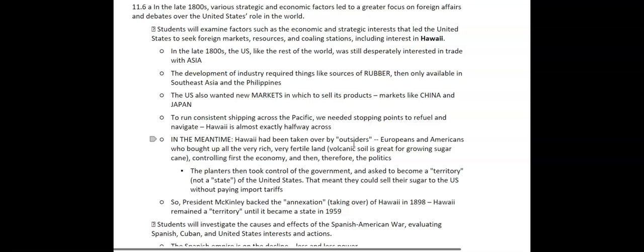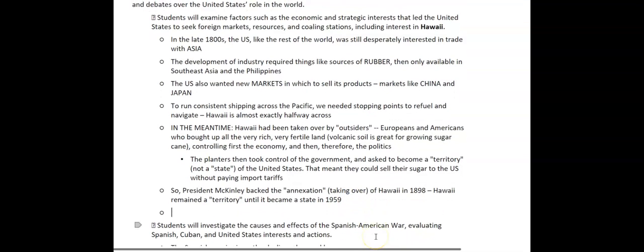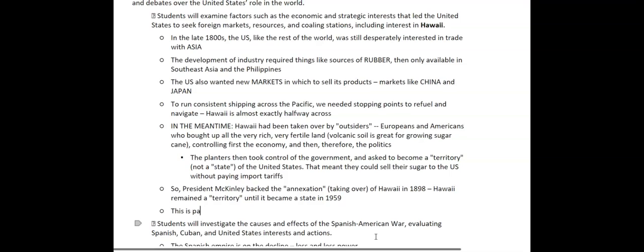Now, here's a question. Is Hawaii a colony? Frankly, we don't call it that. We don't say it is, but it kind of is. So we could say here, this is part of imperialism.